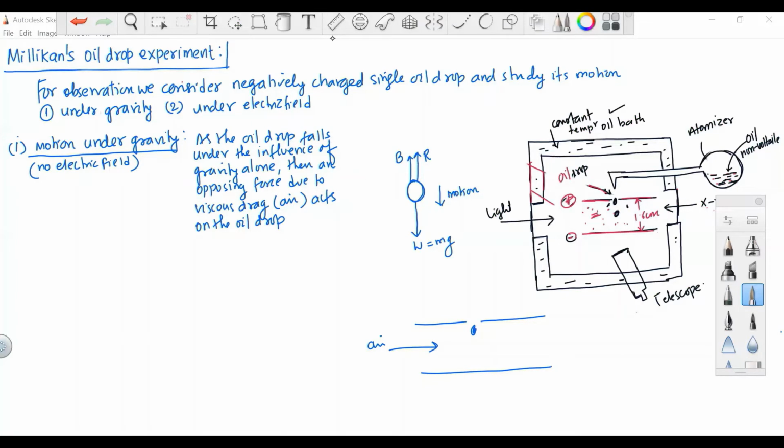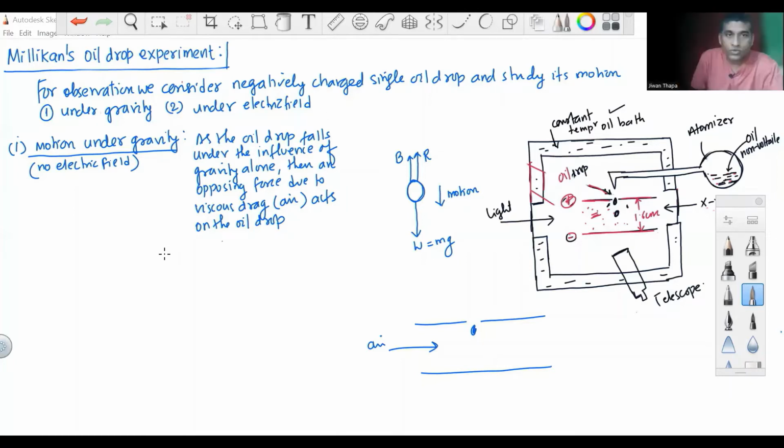And what we find is that the opposing force or resisting force is proportional to the velocity of the oil drop.